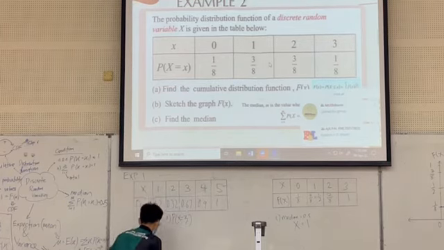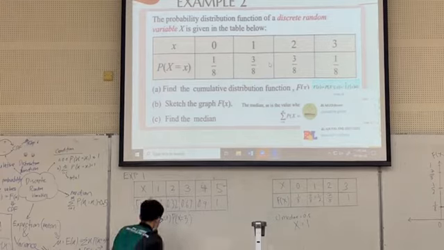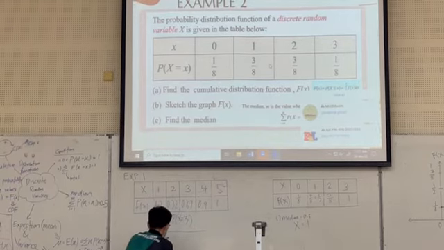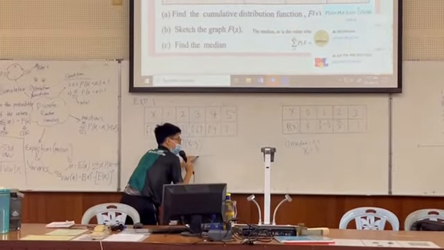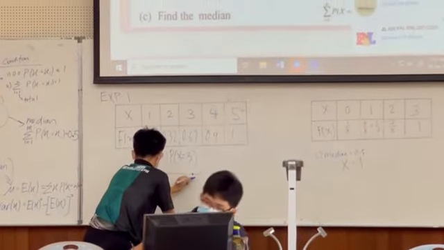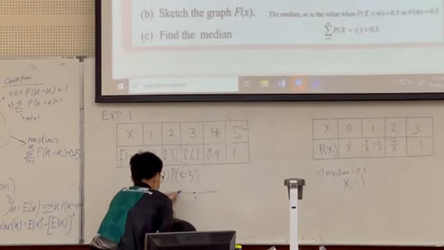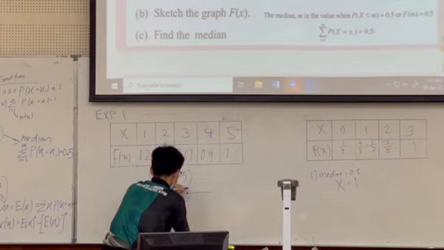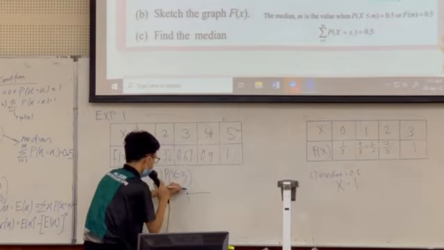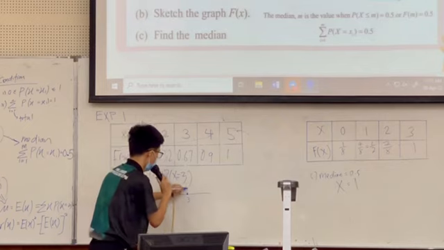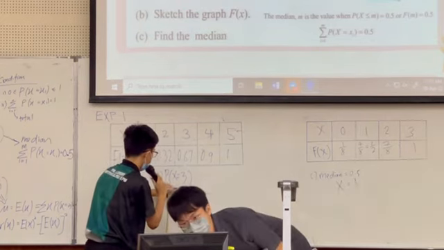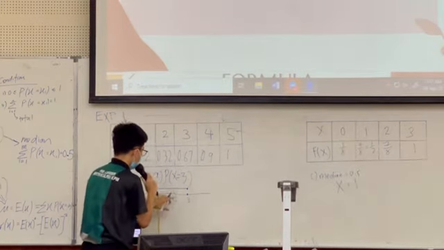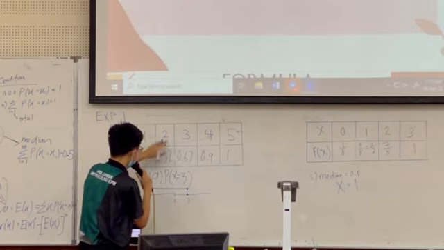So we want to find only 3, these 3 only. So how to find this? We can simply draw the line. So how to find x is 3? We can simply draw like this, and we want to minus the 2, meaning 1 plus 2, this value.